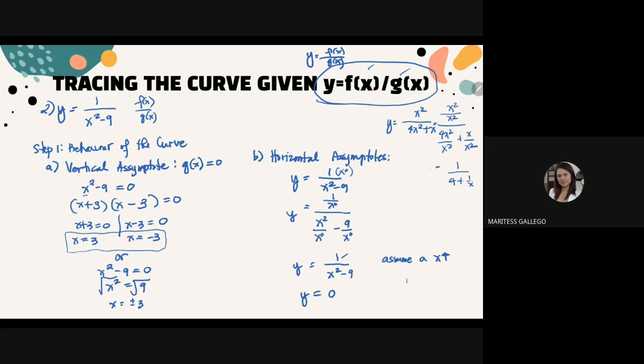So halimbawa ito, yung nakuha nating y is equal to 1 over 4 plus 1 over x. Take note, if x is a very large number, 1 over a very large number will give you 0. So magiging 4 plus 0 yan. So therefore, your y now here is 1/4. Yan yung horizontal asymptote niya, dun sa binigay kong example. Pero tayo, ang horizontal asymptote ng example natin is y is equal to 0.